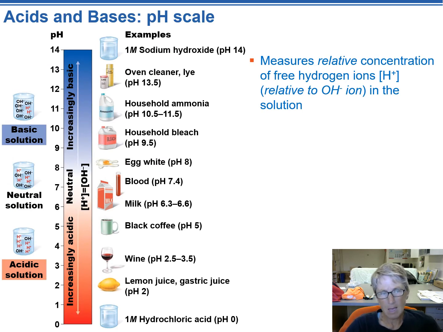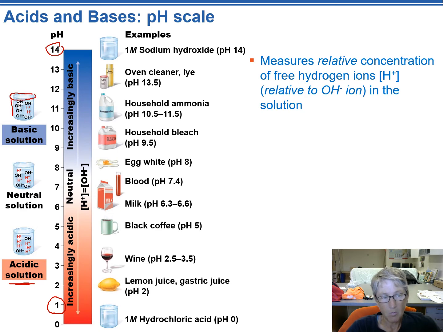Here's the pH scale. Everybody's heard of pH. You probably know, or you may know, that a low pH, like 1, means you're very acidic. A high pH, like 14, means you're very basic. And in this cartoon, it kind of shows a basic solution. So here's a beaker.